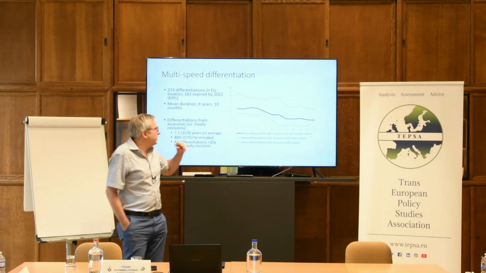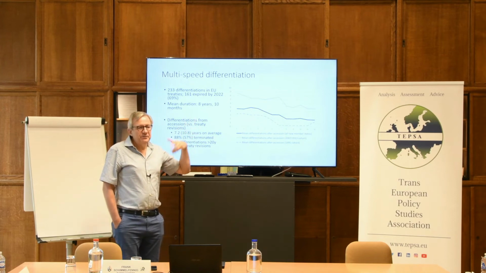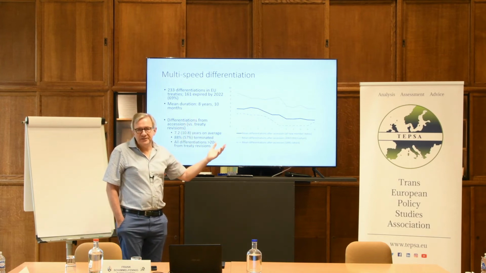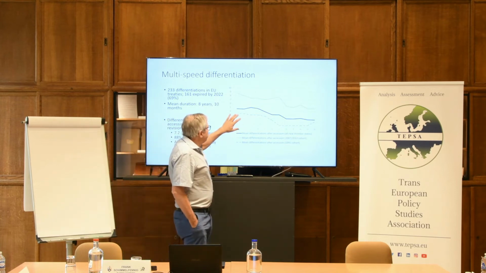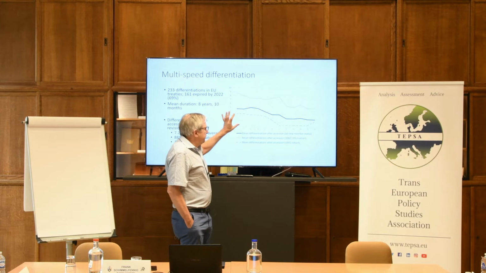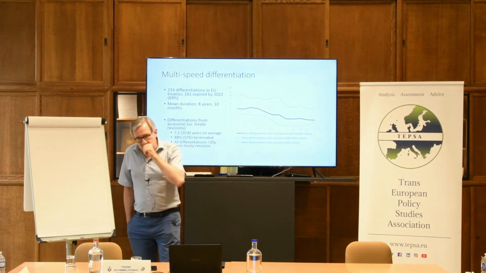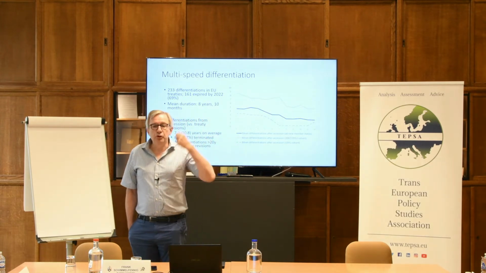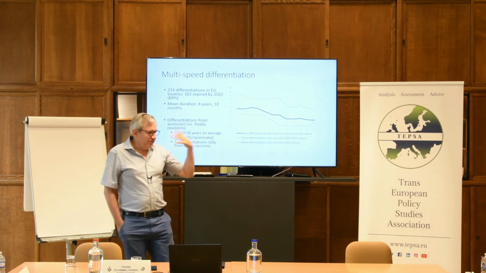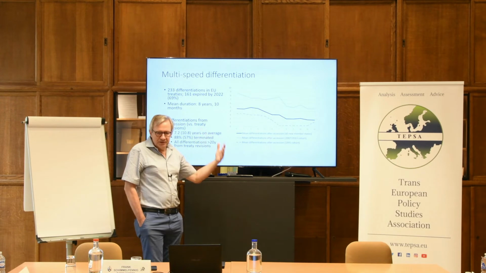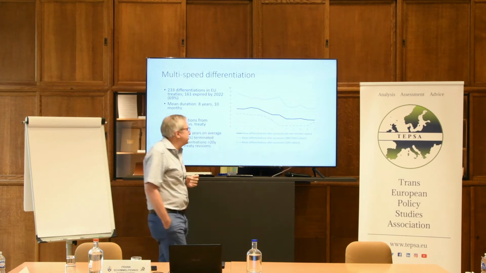But there are some significant differences between cohorts of new member states, which also show that poorer new member states have more differentiations. They suffer from more initial exclusions from participation in EU policies.